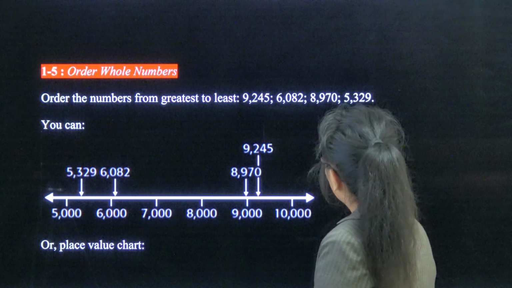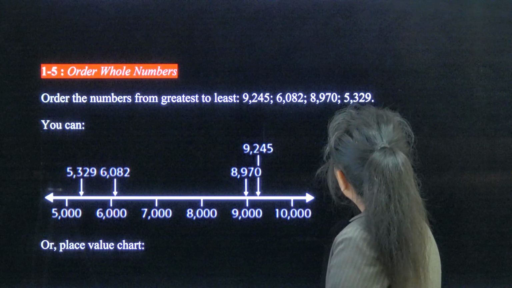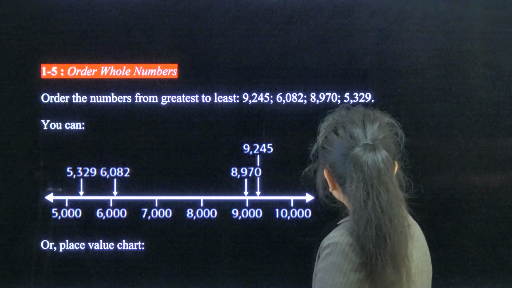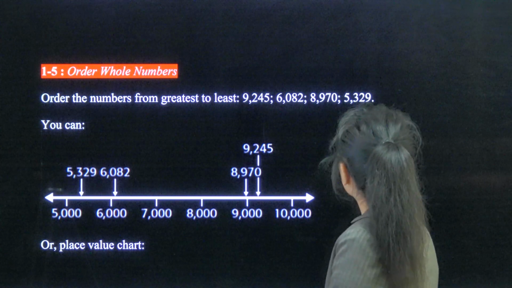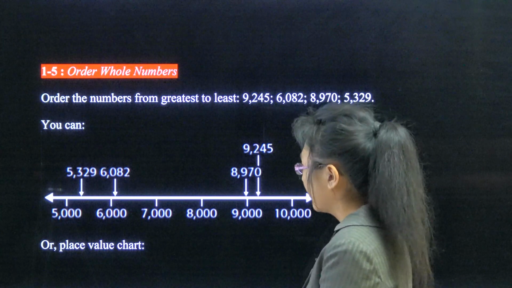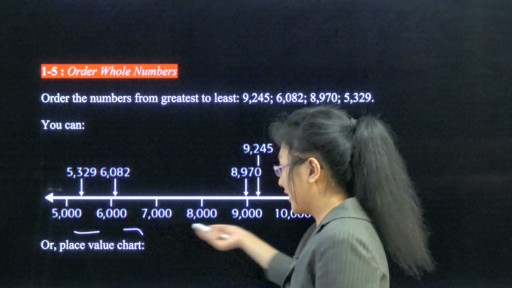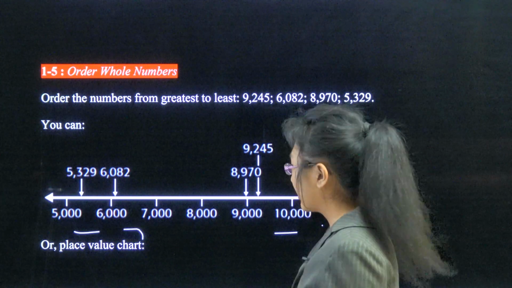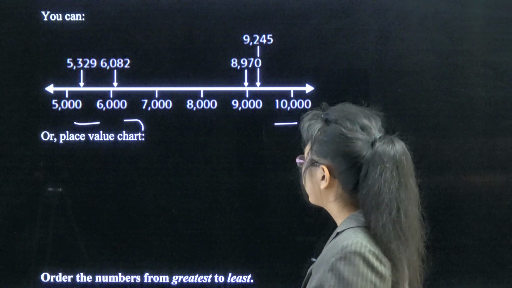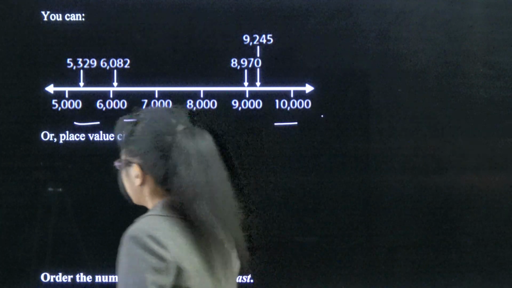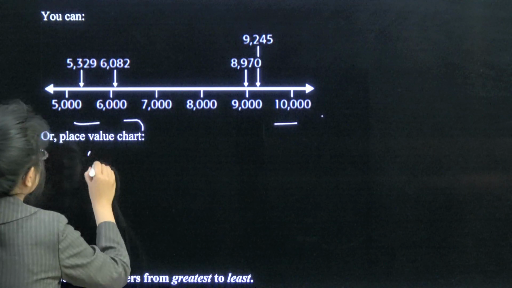9,245, 6,082, 8,970, 5,329. Okay, you can use a number line, or you can use a place value chart, or you could just compare. But let's do the place value chart.